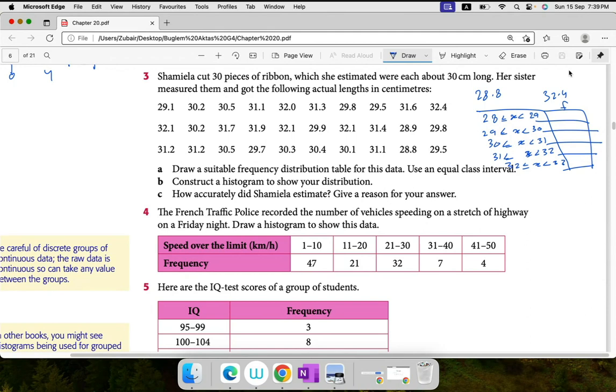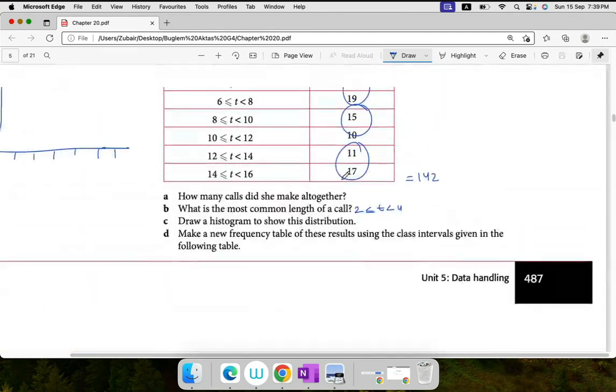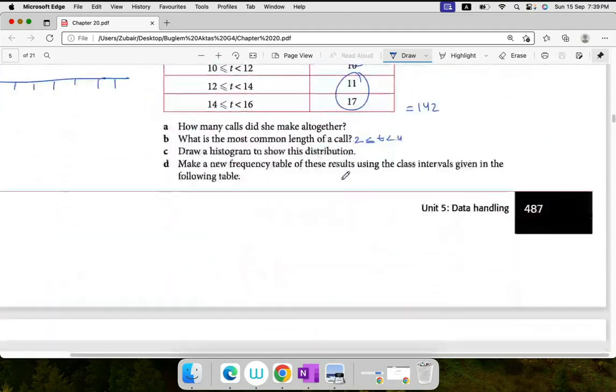Let me display the answers as well. This is chapter 20, exercise 20.1.